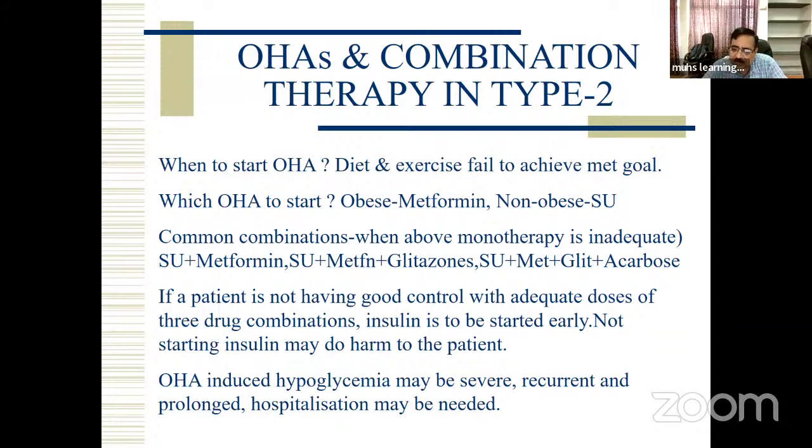If there is postprandial hyperglycemia along with sulfonylureas, metformin, and glitazones, there is a role for acarbose. If the patient has no adequate control in spite of oral hypoglycemic agents, insulin must be started early. Not starting insulin may do harm to the patient.